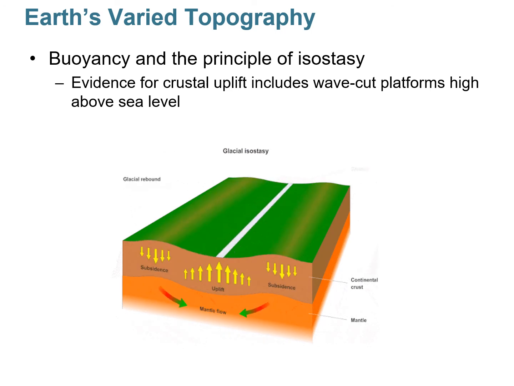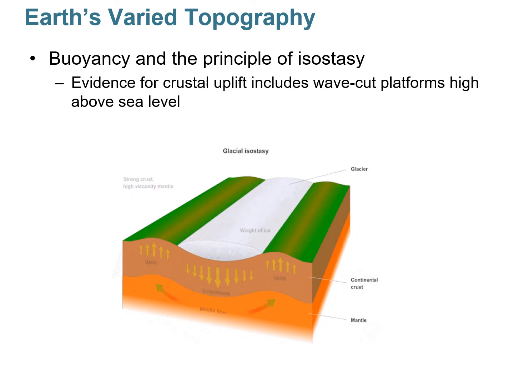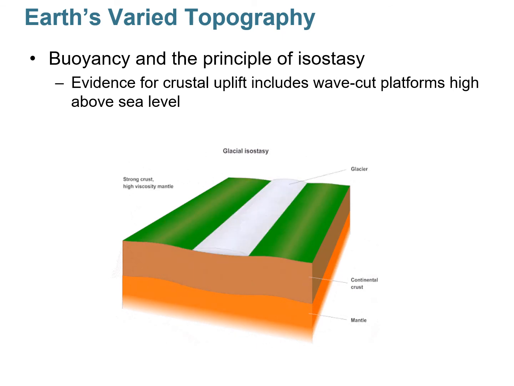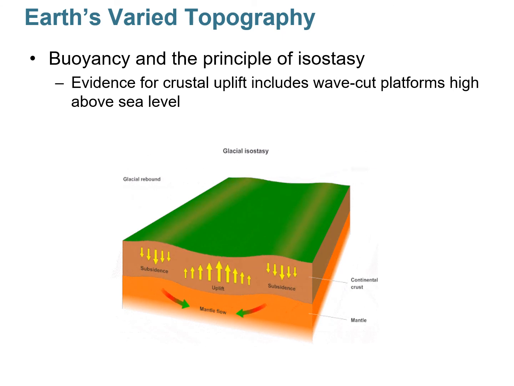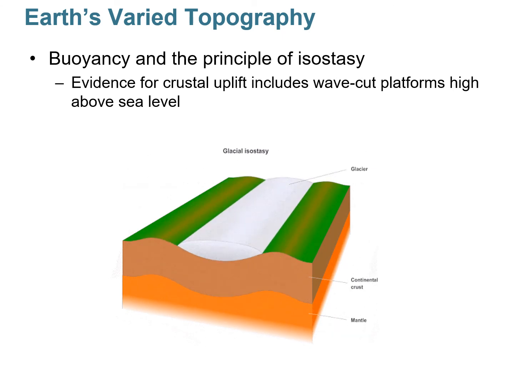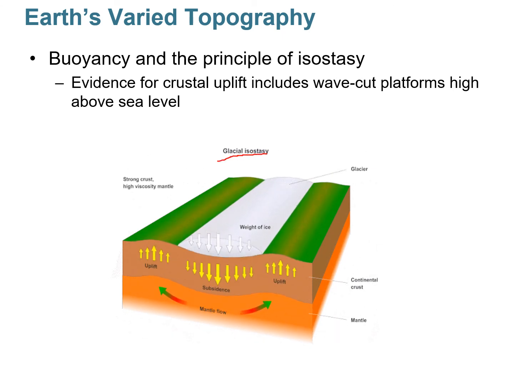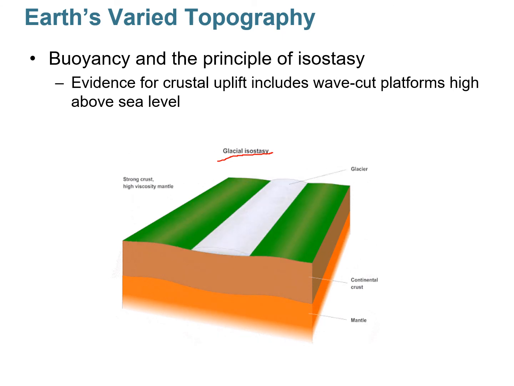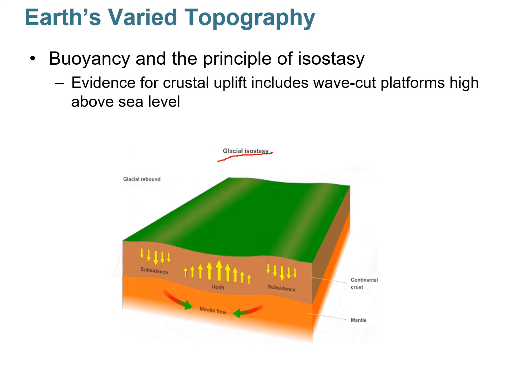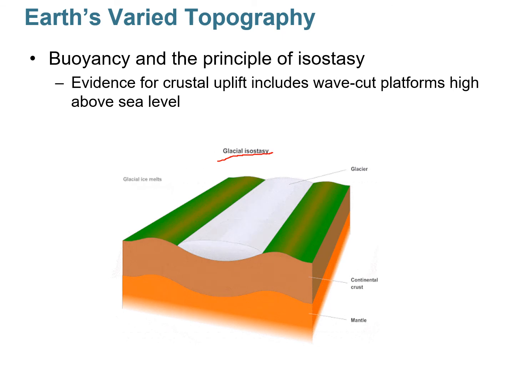But there's also another example of where crust can be uplifted, and that's the process of isostasy. This GIF, it's going too fast, is an example of glacial isostasy. When Earth is much colder during ice ages, there are a lot of continental glaciers on land.